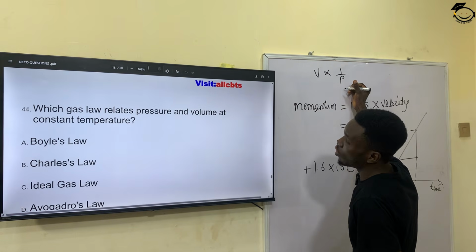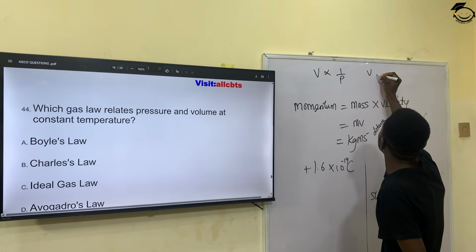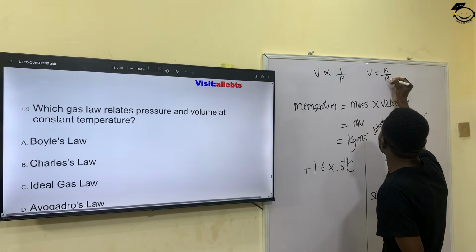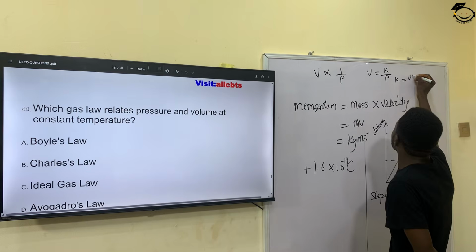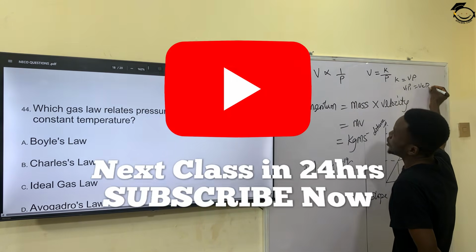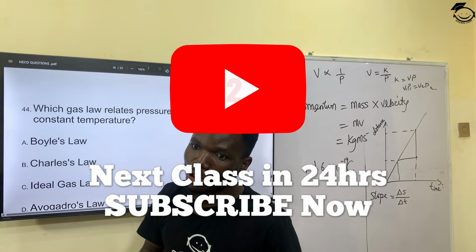So if the volume is inversely proportional to the pressure, it means that my volume is equal to a constant over the pressure, which means that my K is equal to VP. That's why you have V1 P1 is equal to V2 P2. So this is gotten from Boyle's law, and that is option A.